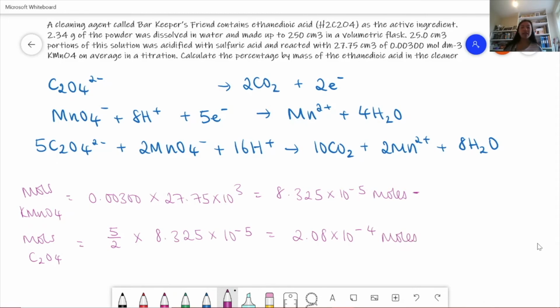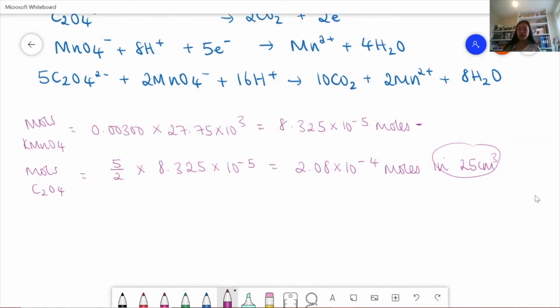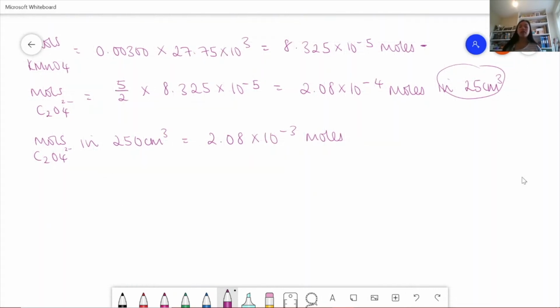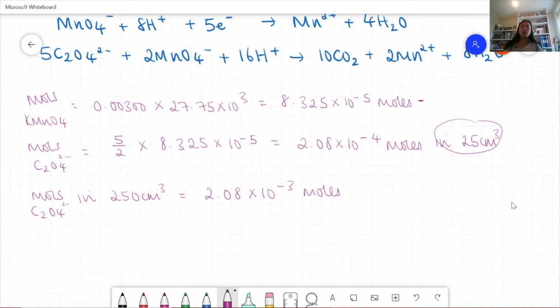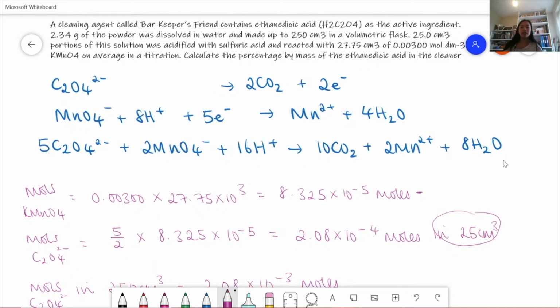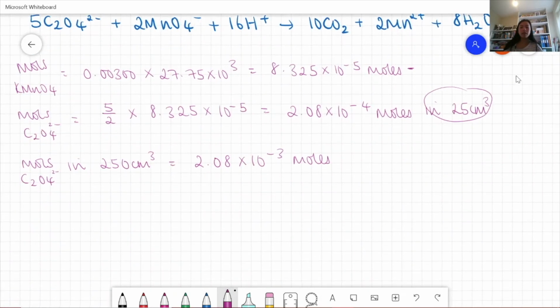But we need to remember that this is in 25 cm³, and that's a really key thing to remember, because it means we need to multiply it up. So the moles of C2O4 2- is 2.08 times 10^-3 moles. Now we can work out the mass. The moles of this C2O4 2- must equal the moles of H2C2O4.